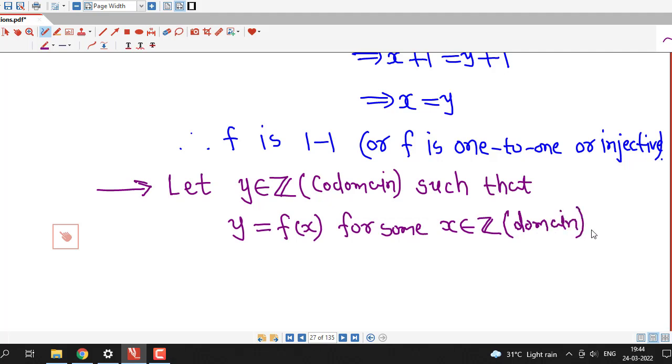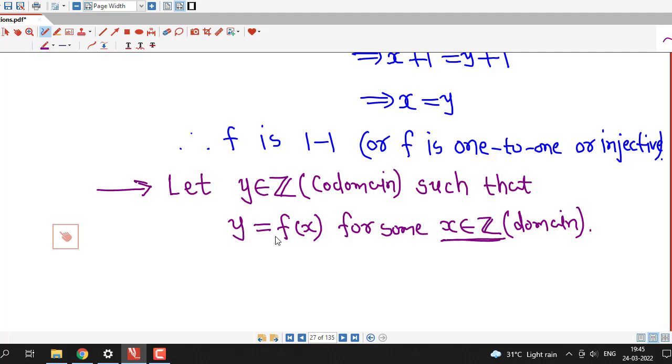So we first assume that function is onto, then y will be image of some element of domain. Now if this is true, then we will obtain the value of x from the domain corresponding to this value of y in the codomain, and if this is not true, we will get some contradiction.